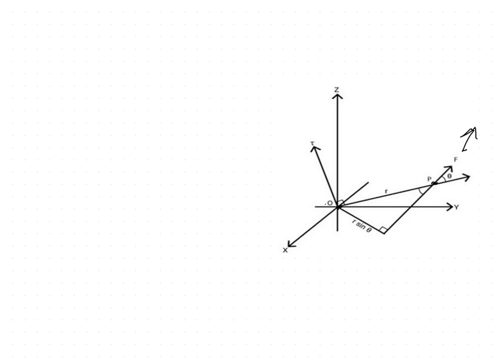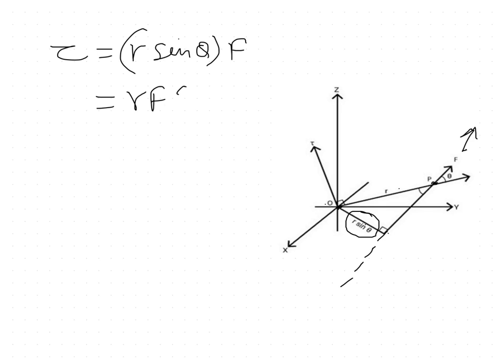To determine how much torque is applied here, we take the component of r perpendicular to the line of action of force. We draw a perpendicular here, and this perpendicular distance is r sin theta. So torque can also be defined as the product of the perpendicular distance from the line of action of force multiplied by the force. In this way we can also write torque = rF sin theta.